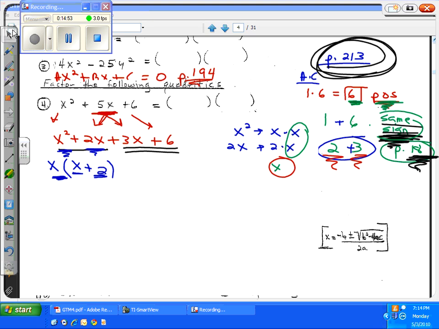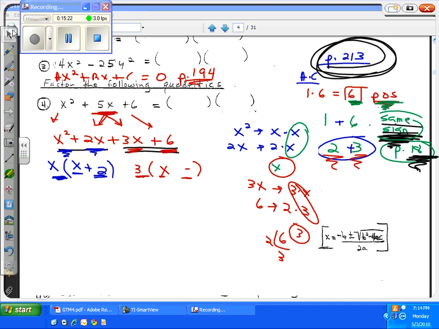Out of the right pair, we have a 3x, which is a 3 times x. We have a 6, which if we do the prime factorization, gives us a 2 times 3. So they have a common factor of 3. There's only one, so that's what we factor out. So then we think 3 times what is 3x, x. 3 times what is 6, 2.